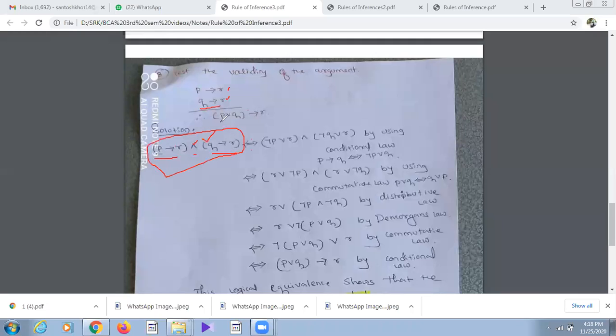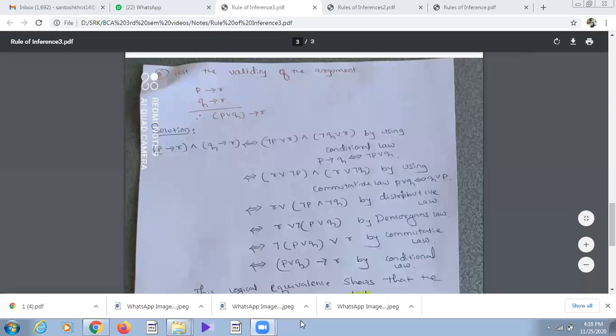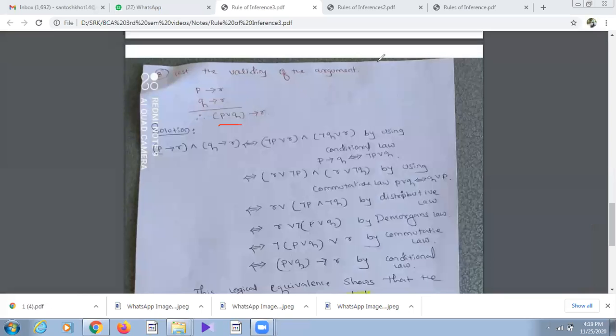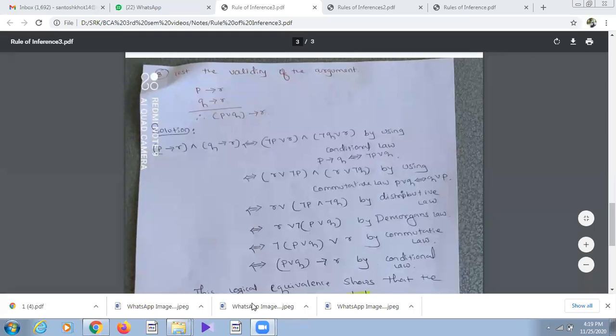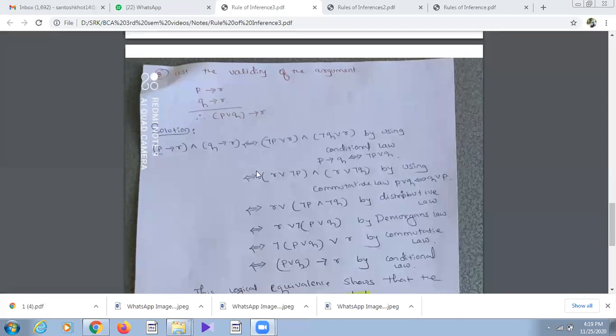After solving, we want to get this conclusion. Once you get the conclusion, we can say that this particular argument is valid.